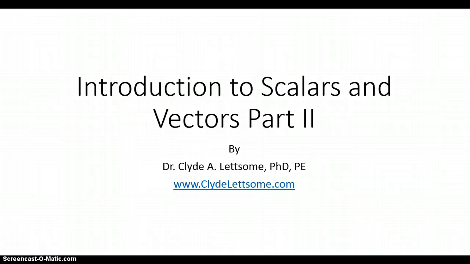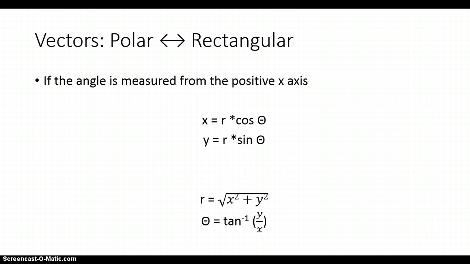We also talked about the two different ways to represent vectors, and those two different ways were the polar and rectangular forms. So now in this video, we're going to start off with how to convert between those two different forms.